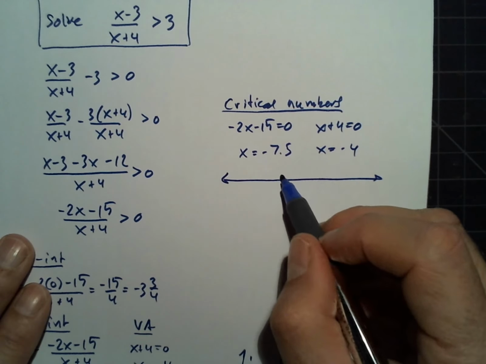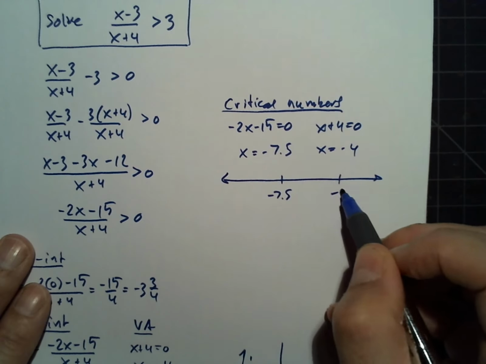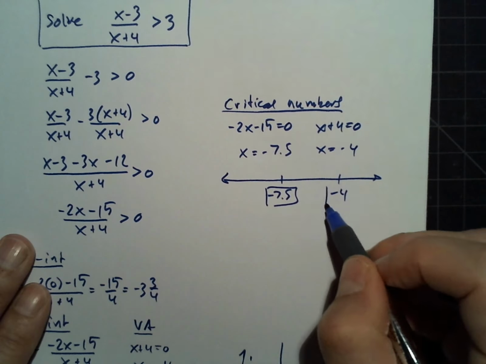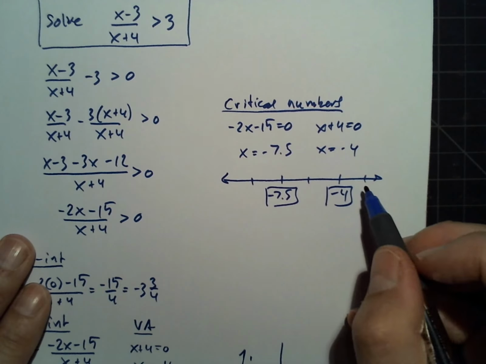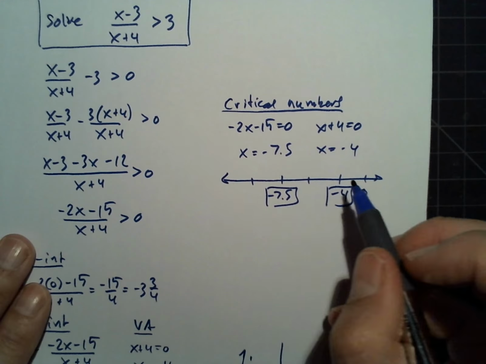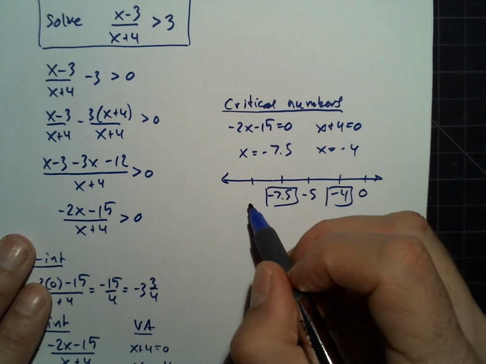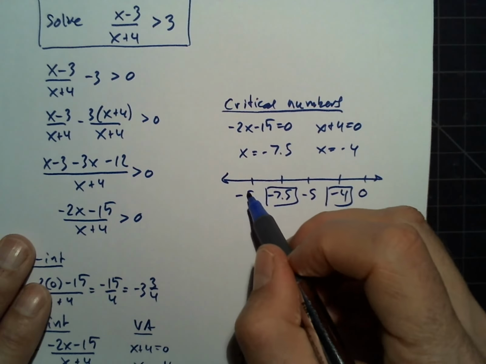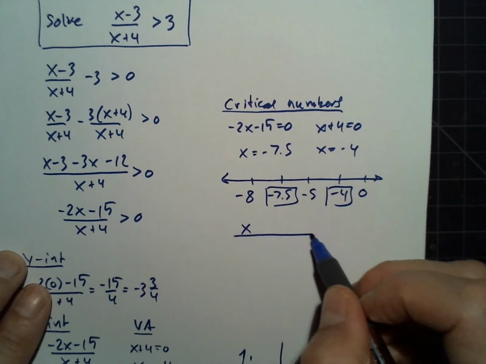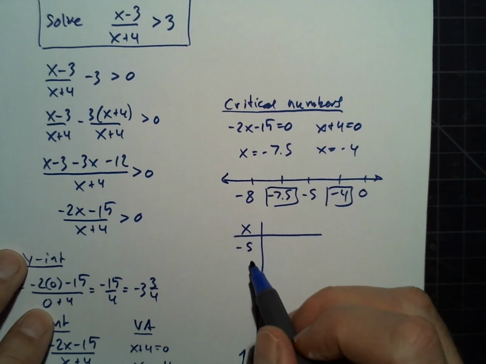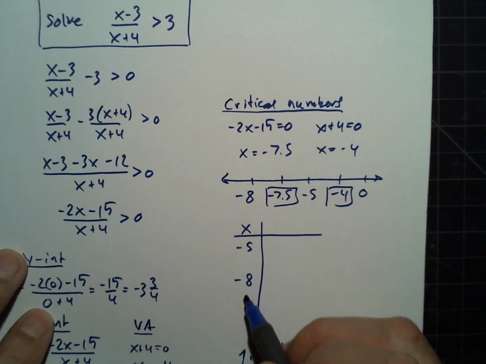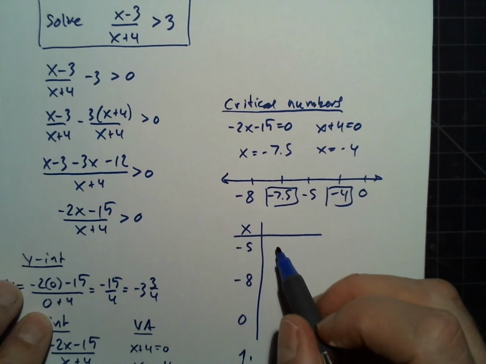We're going to find numbers to test between these. These are the critical numbers. Then we'll check numbers around them, and we can check 0, negative 5, and negative 8. And we'll check those in a table. Negative 5, negative 8, and 0.